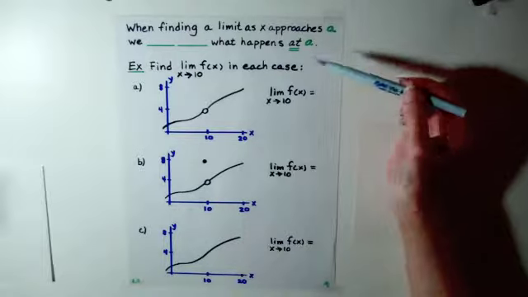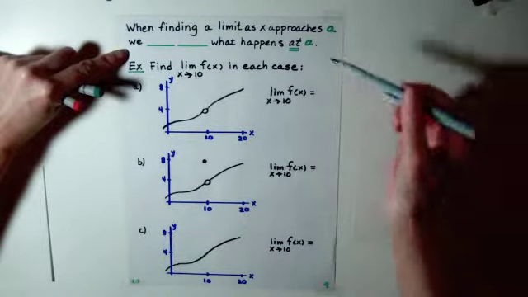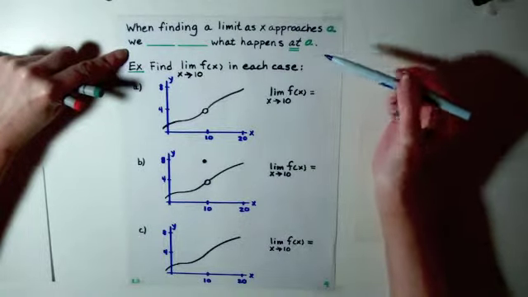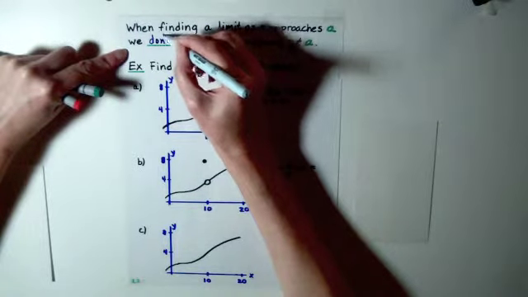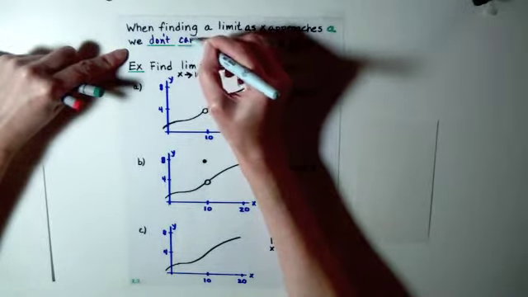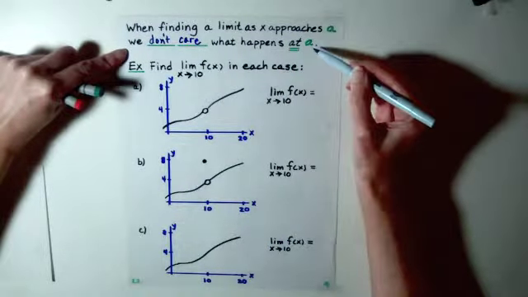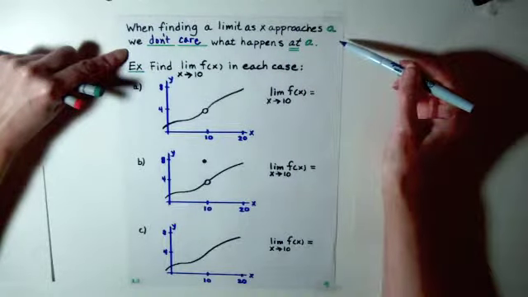And remember what we said is that we don't even care what happens at x equal a when we're trying to find a limit. We only care what happens as x approaches a.